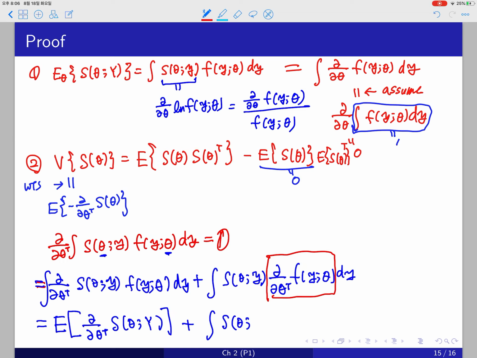What's the definition of a score function? So basically, what we end up showing is that this one is times zeta.